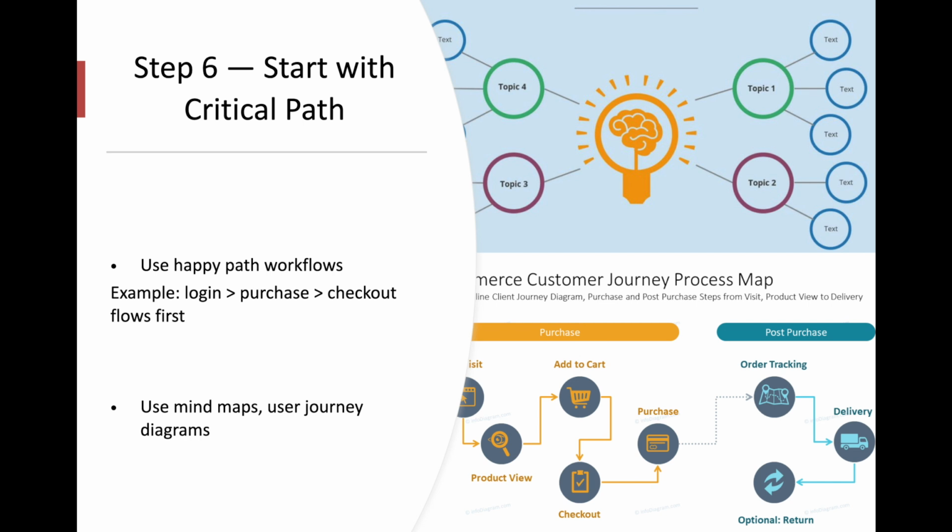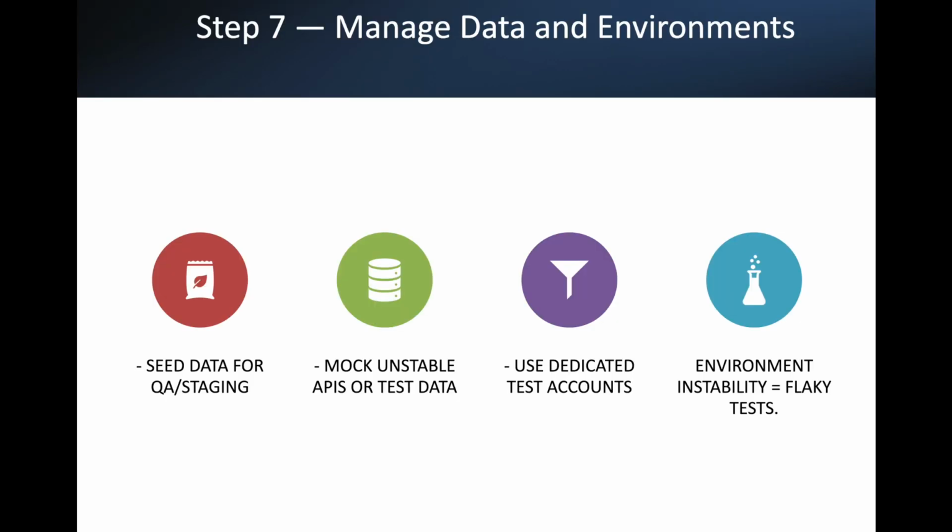Then we need to think about how to start managing data and environments. What can we do here? So we can seed data for QA, for staging. For example, we decided to run our tests on QA, on staging, on some environment, on only one. We also can mock unstable APIs, and we've got to define it as early as possible, because unstable APIs will cause you unstable tests, and unstable tests will result in unstable test results.